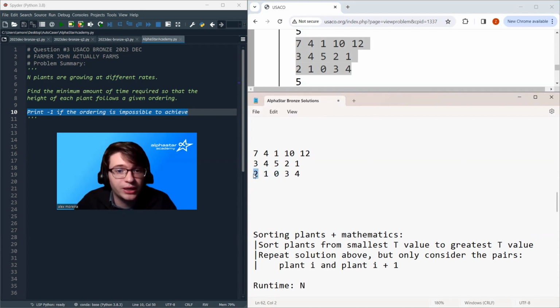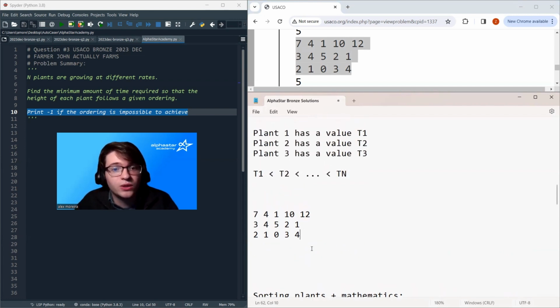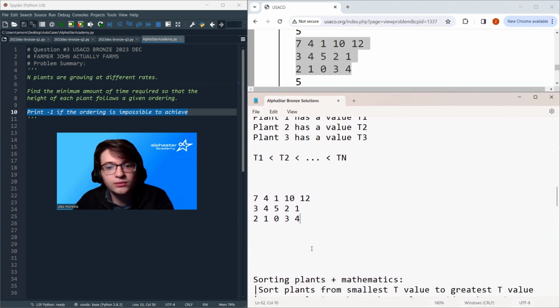I'd compare this plant and this plant because they have adjacent t values. And so on for each neighboring pair. So the key step here is sorting the plants so that I only consider pairs with neighboring t values.